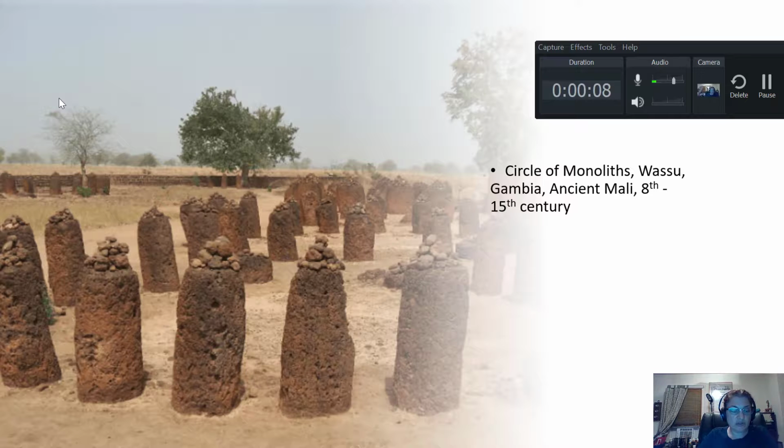So next what I'm showing you here are the circles of monoliths, and this is from Wassu, Gambia, ancient Mali, 8th to the 15th century. So some of these funerary mounds are covered or encircled with small stones, as shown here.